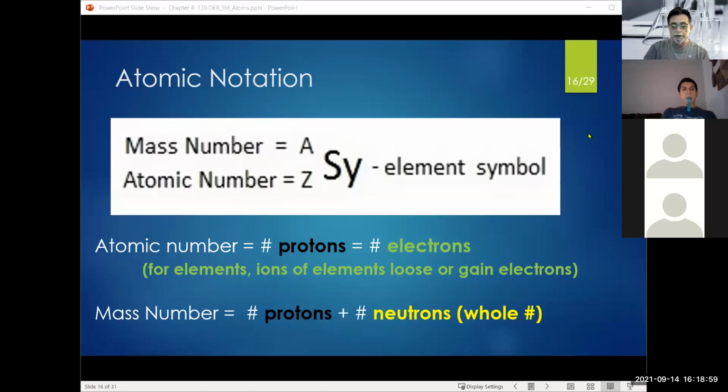And then subscript left, Z represents the atomic number, which is found on the periodic table. The atomic number gives you two bits of information. One, it gives you the number of protons, which is also equal to the number of electrons.